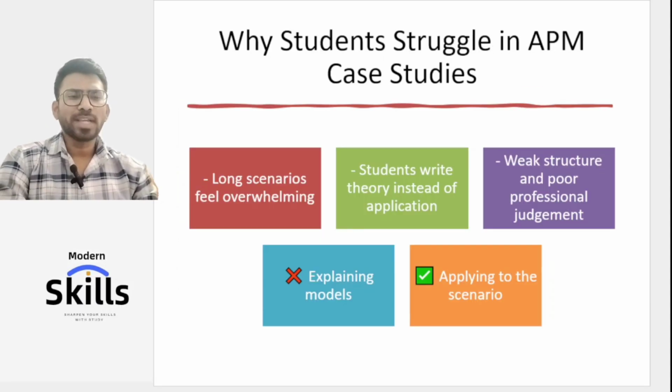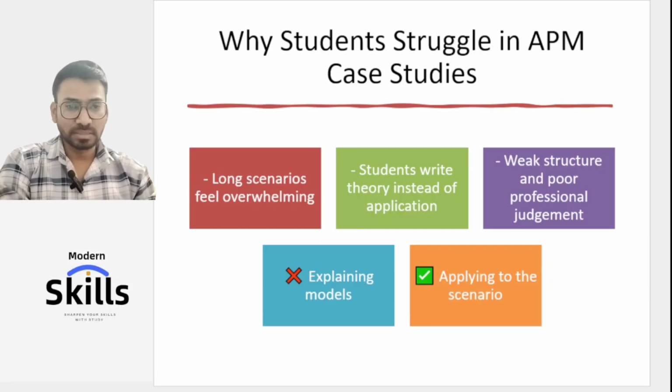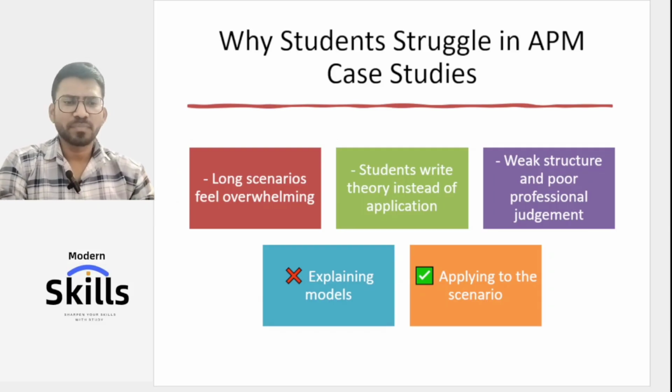So why do students struggle in APM case studies? Let's understand it quickly. First of all, the case study questions are long, so they feel overwhelming. Second, students write just theory instead of applications. They need to apply whatever model they want to use to the case study scenario. Third is weak structure and poor professional judgment.